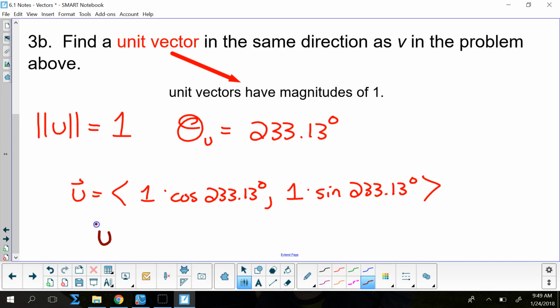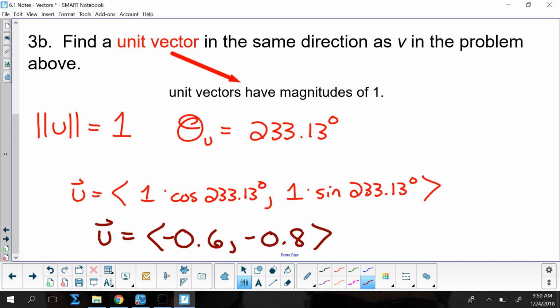So vector u is going to be negative 0.6, comma, negative 0.8. And if you find the magnitude of vector u, negative 0.6 squared is 0.36, negative 0.8 squared is 0.64, 0.64 plus 0.36 is 1, square root of 1 is 1.